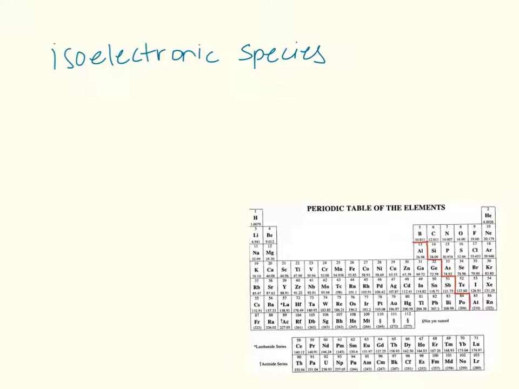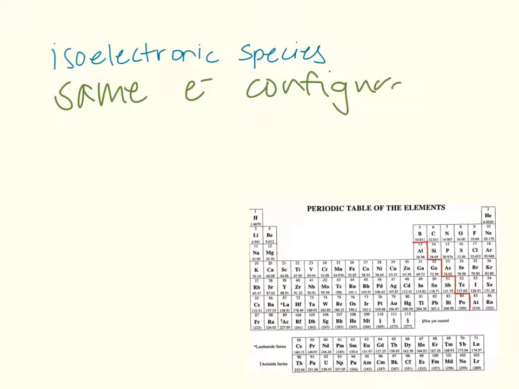All right, and then to define a word, an isoelectronic species. Isoelectronic means they have the same electronic structure, so they'll have the same electron configuration. And so if we look at sodium plus, sodium is right here. And if it loses an electron, it's going to become just like neon, right?